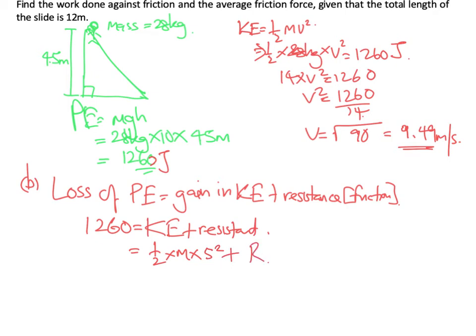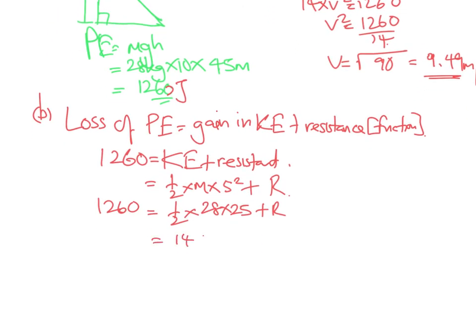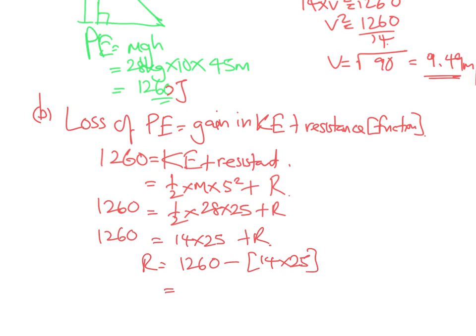I'll just write it as R. So this should be 1260 equals half times 28 times 25 plus R, and this is 14 times 25, 1260 equals that plus R. So R therefore is 1260 minus 14 times 25, and the answer is 910 joule.